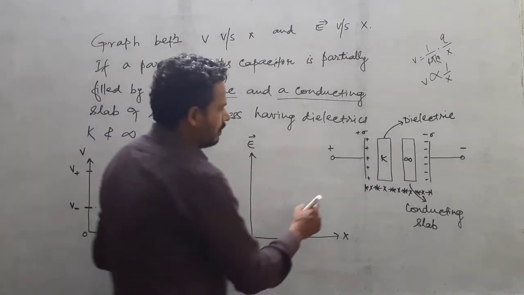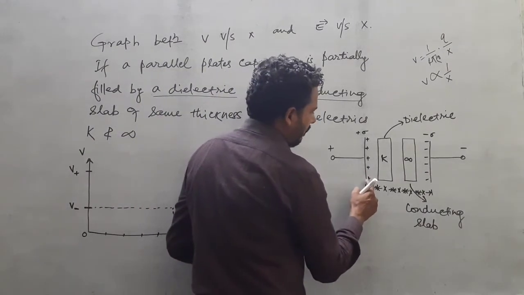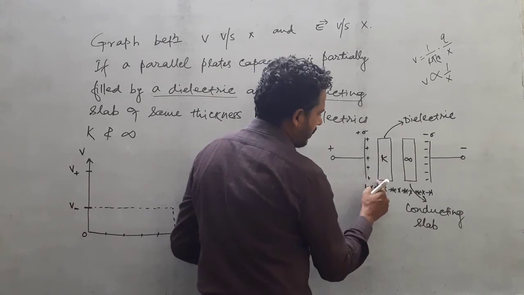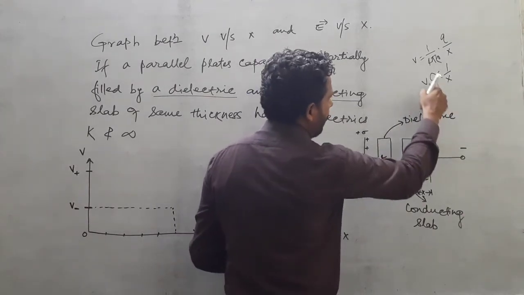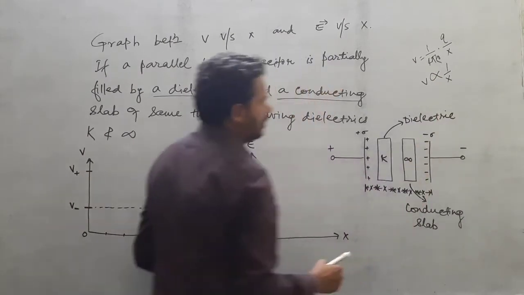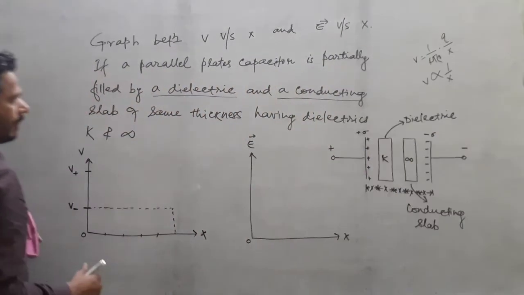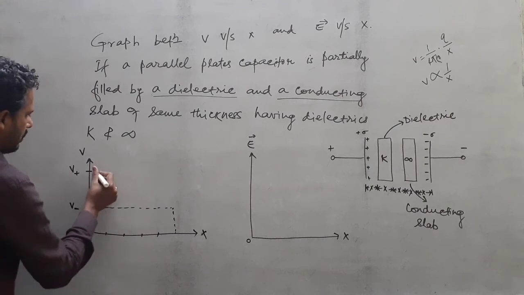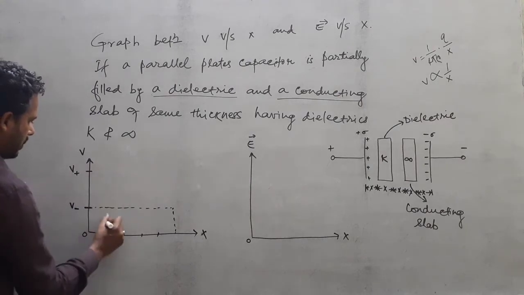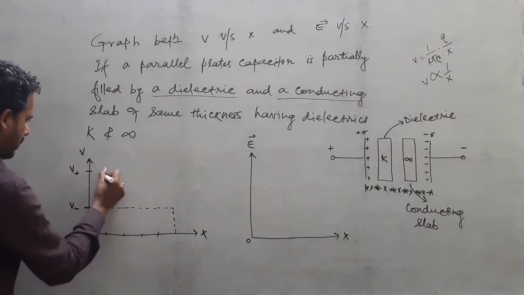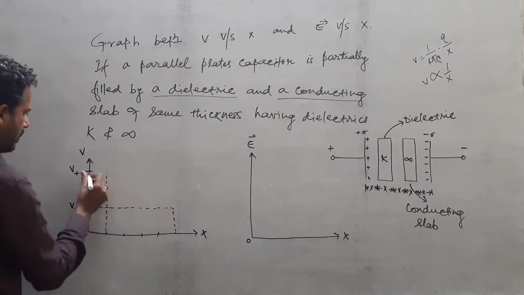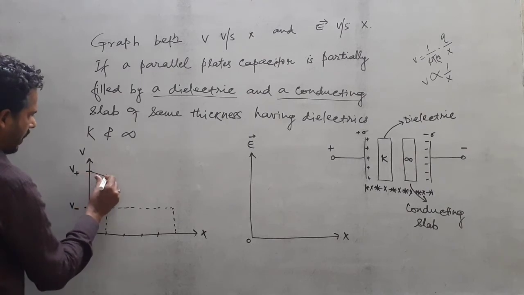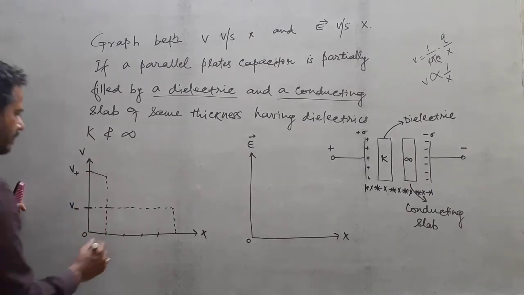Going from left to right, your potential will be decreasing, just like that.